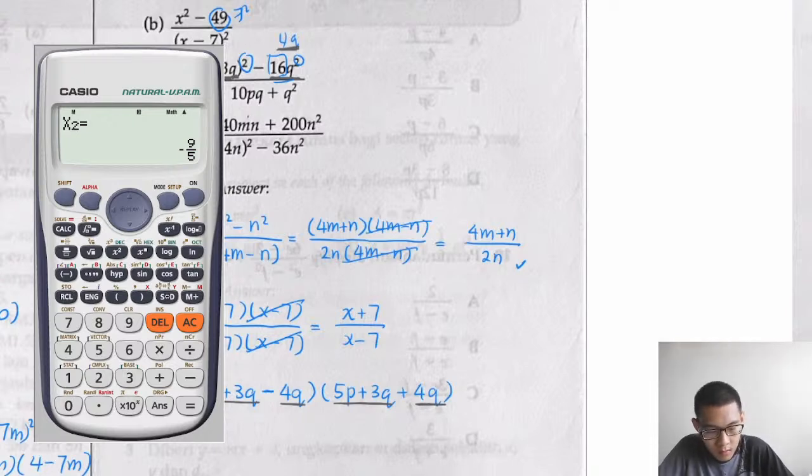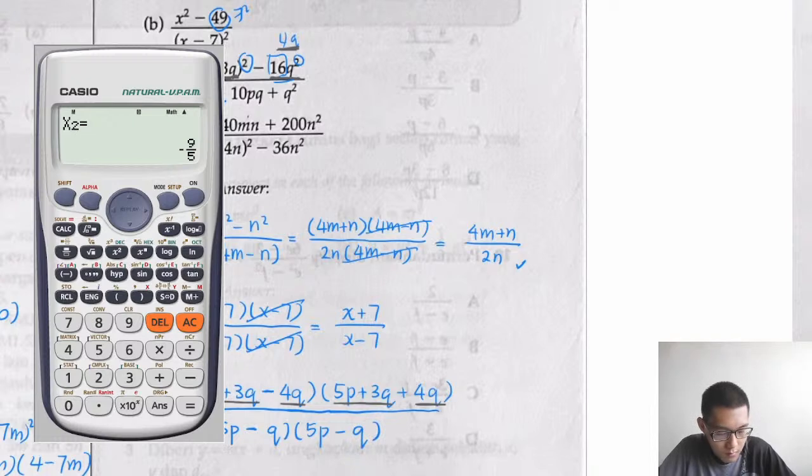Okay, so we follow by the denominators. Here we have 25p minus 10pq plus q squared. I think I know this one is 5 times 5, 5p, 5p, because minus, right, sometimes we have plus, minus q, and 5p minus q also, 5p minus q, because we have like this.